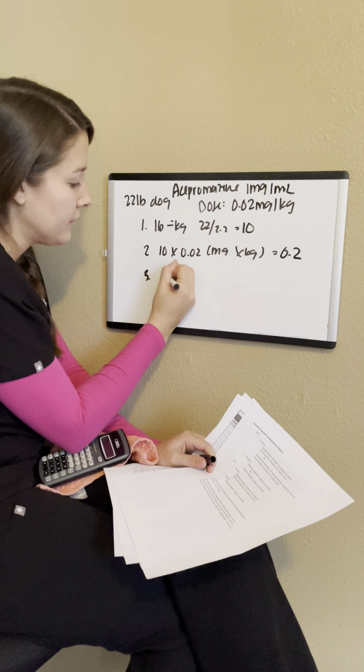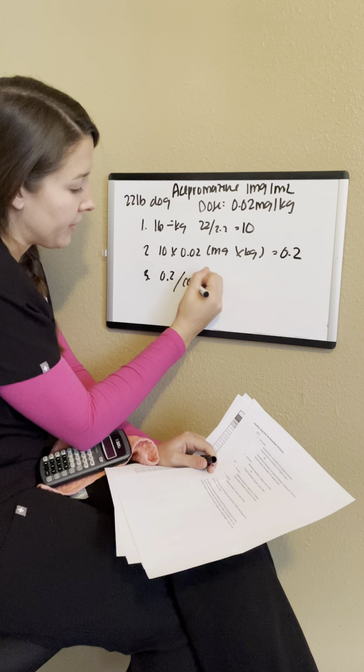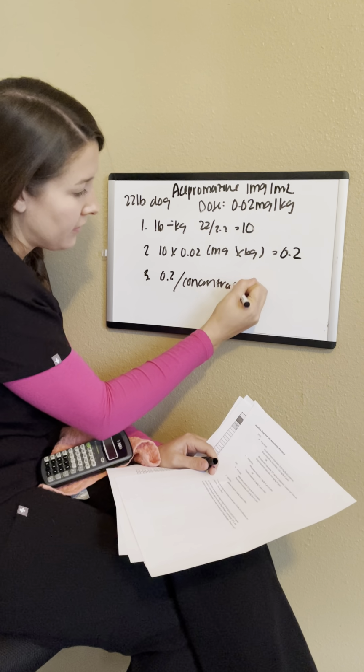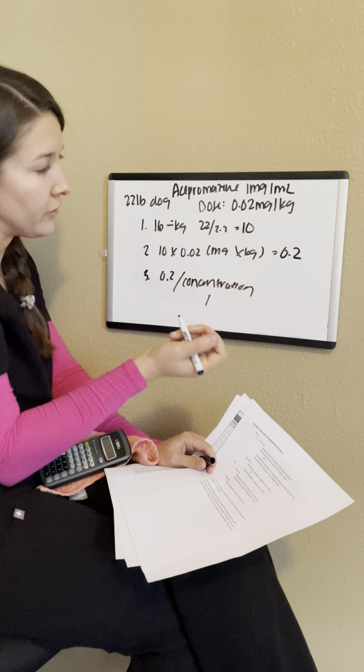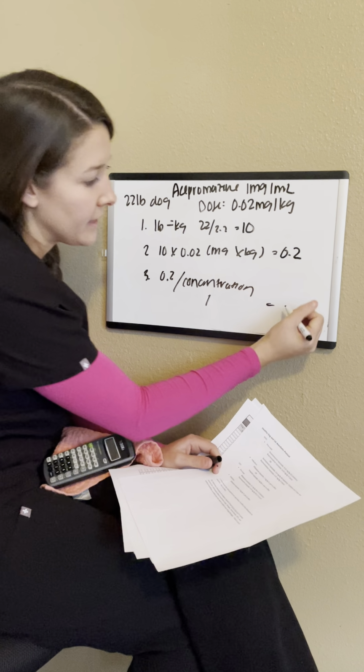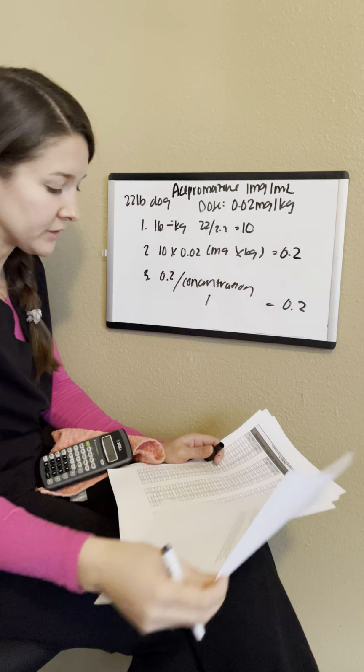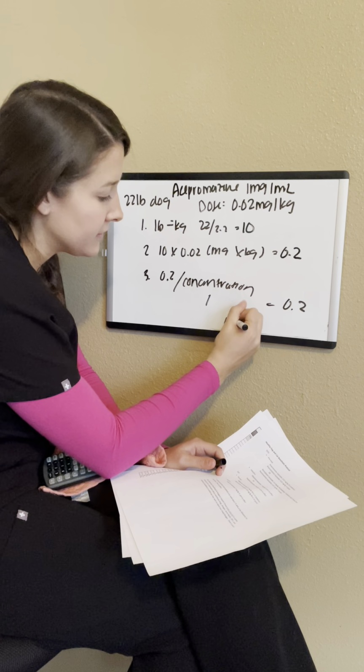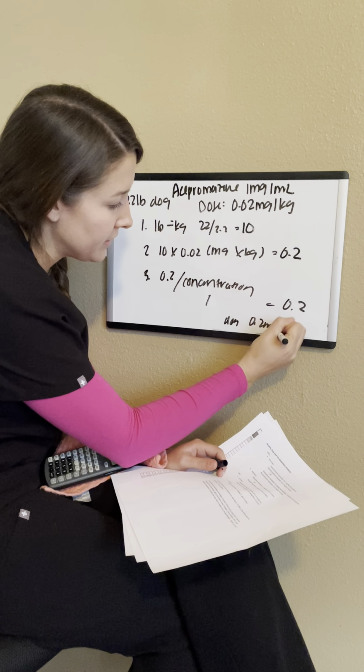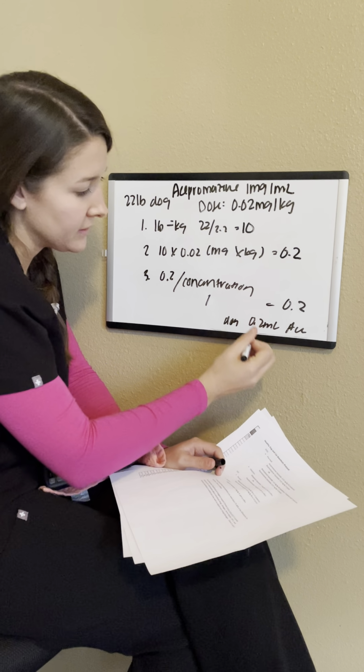And then again, 0.2 divided by your concentration, and your concentration is 1, so it's going to be literally the same thing, 0.2. So you'd be giving this dog 0.2 mils of acepromazine.